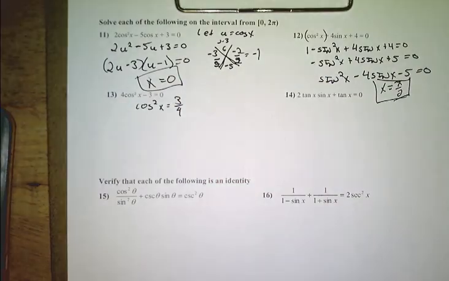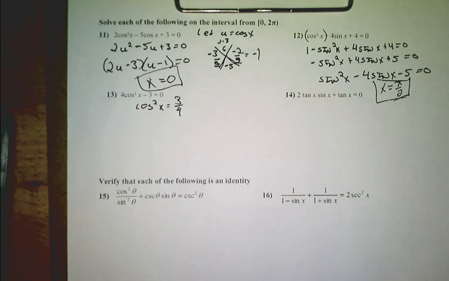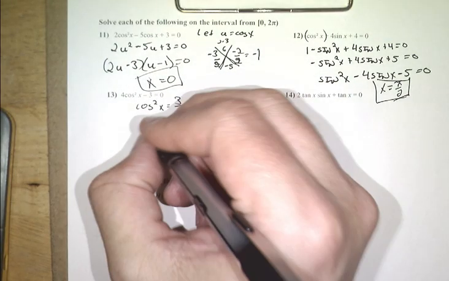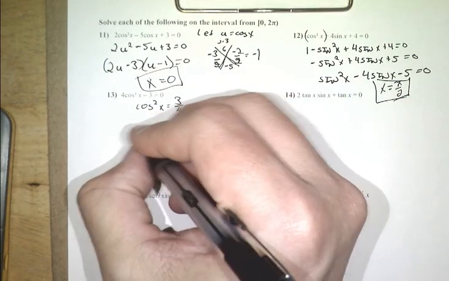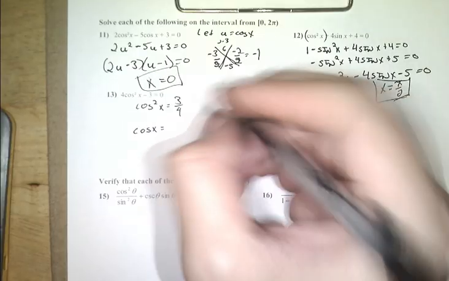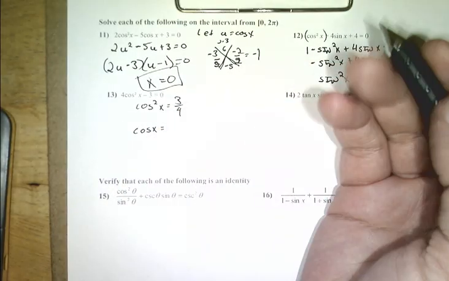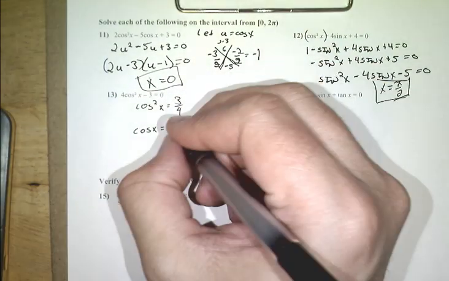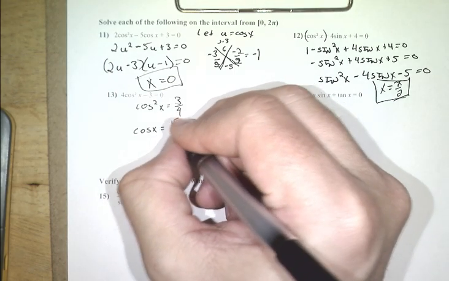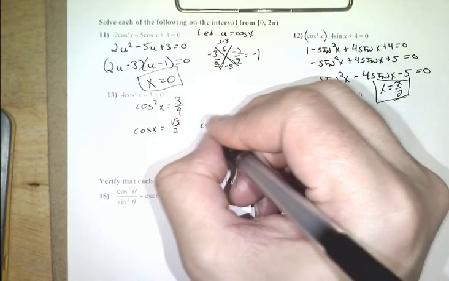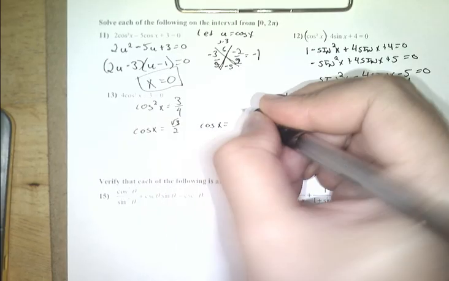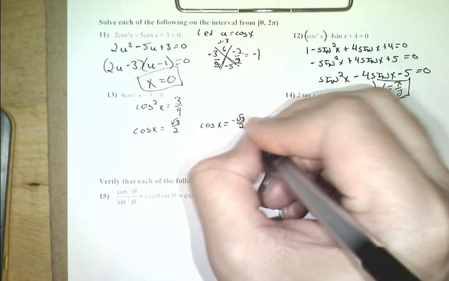So cosine squared x equals 3/4. Square root both sides, and we get cosine x equals, we have two cases, the positive and negative, plus or minus. So we'll have cosine x equals square root of 3 over 2, and cosine x equals negative square root of 3 over 2.